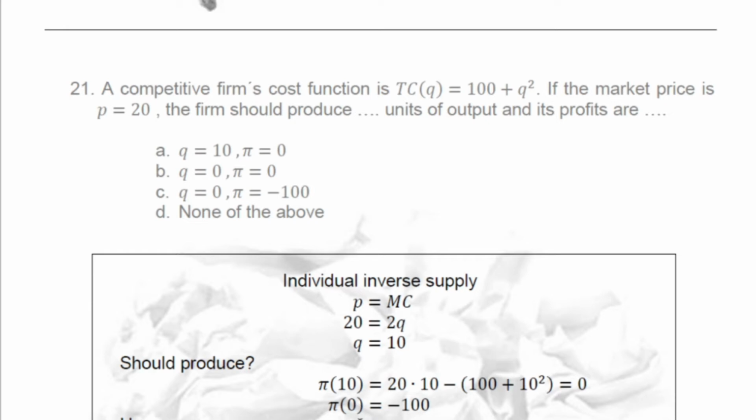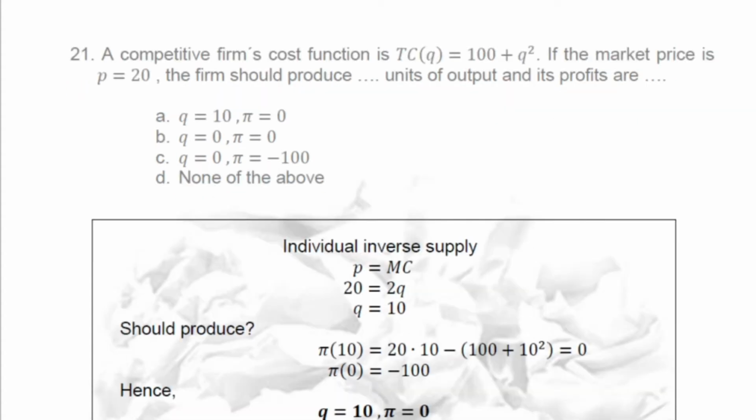But if I don't produce, the profits are minus my fixed cost, so minus 100. Hence, Q is 10 and profits are 0. That's the optimum, clearly, okay? So we should mark A, yeah?